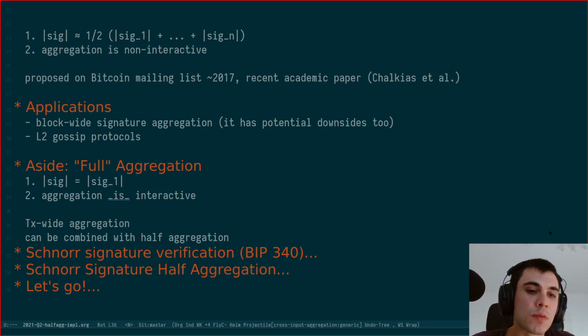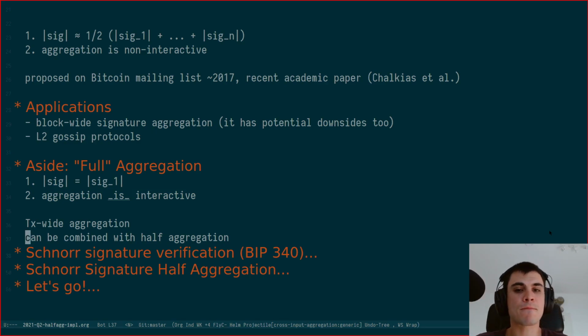One application of this would be transaction-wide aggregation, because for transactions, in most cases, there already is the assumption that all people participating in creating a single transaction already collaborate, and they could also communicate to produce an aggregate signature. And this can, in theory and in practice, also be combined with half aggregation to get even more savings.